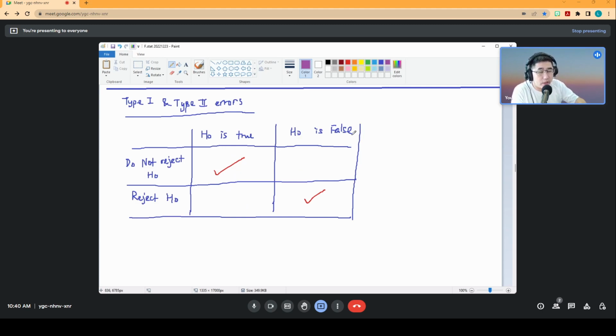Okay, let's use an analogy. Let's say your dad has an informant saying the certain stock price for tomorrow will rise.